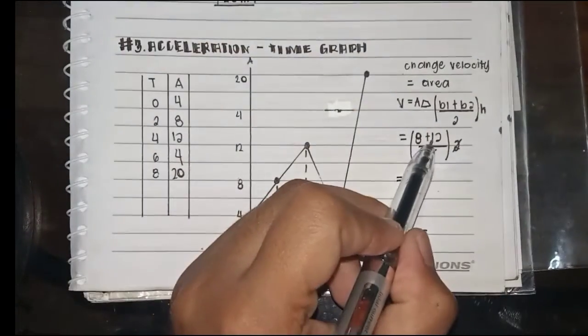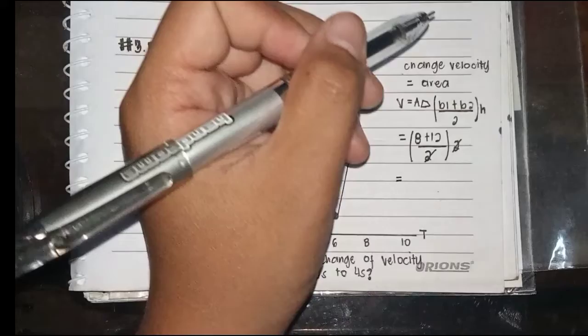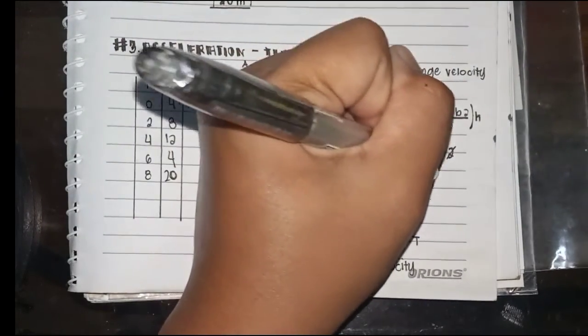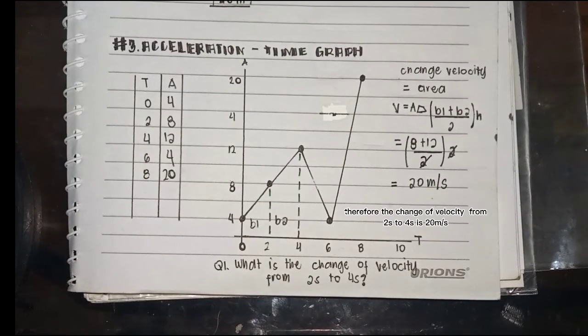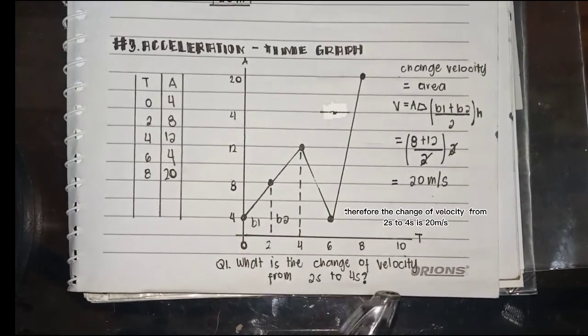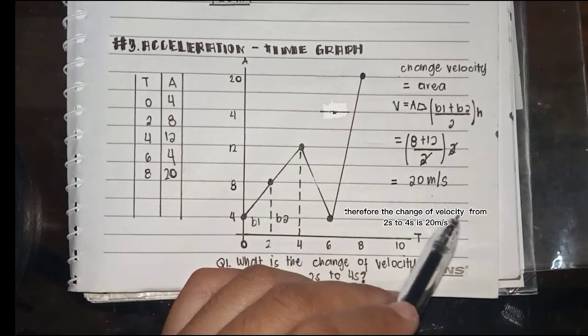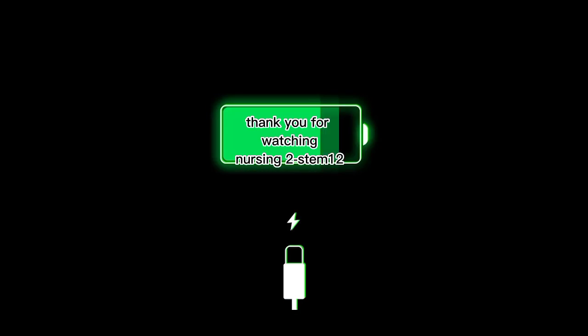Cancel. 8 plus 12 is equal to 20 meters per second. Therefore, the change of velocity from 2 seconds to 4 seconds is 20 meters per second.